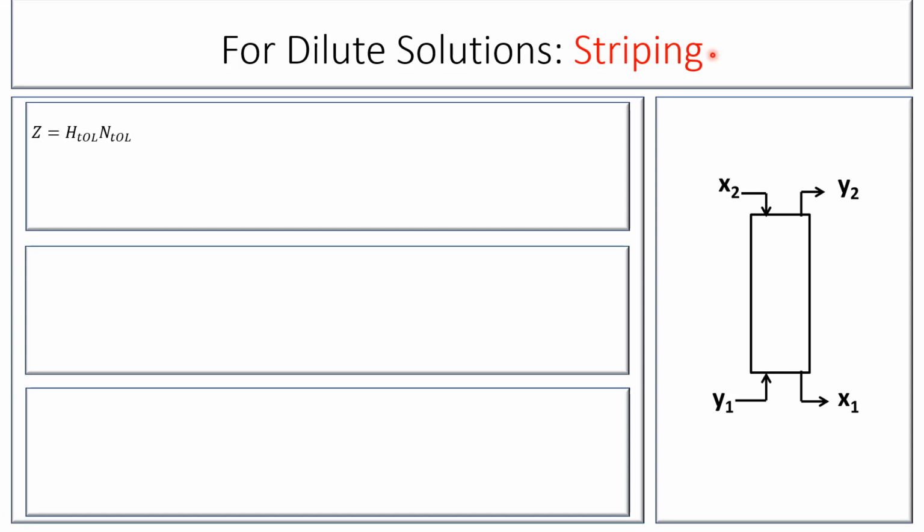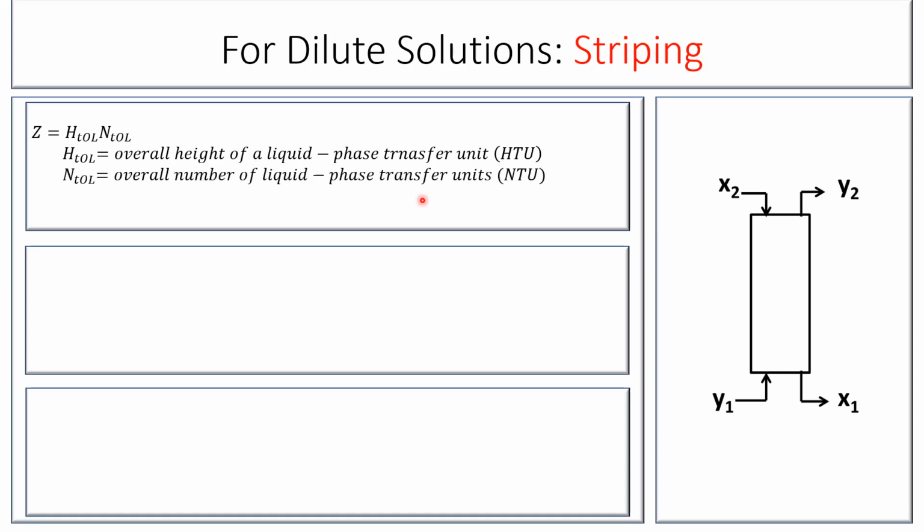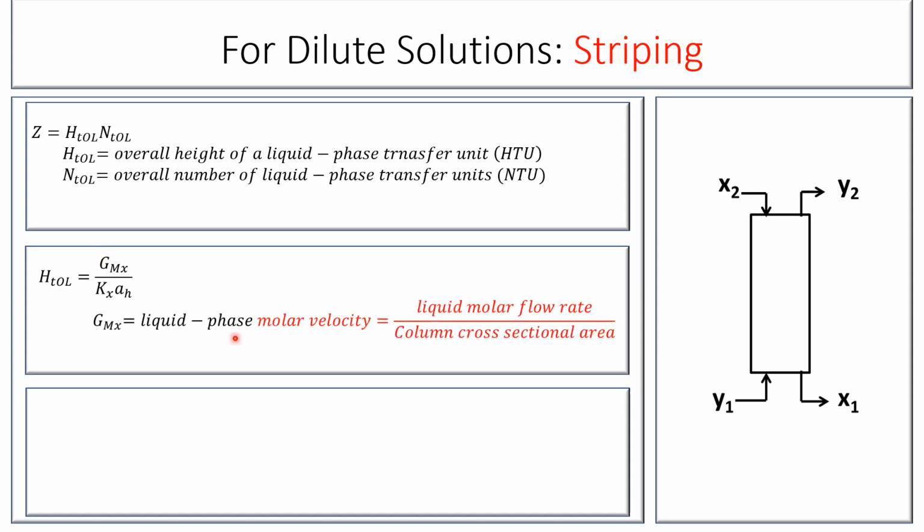So the total height will be the height of transfer units multiplied by the number of transfer units, but we call them the overall height of a liquid phase transfer unit and the number of liquid phase transfer units, because the resistance is there. The height of the liquid phase transfer unit will be the molar velocity of the liquid phase, so it's the liquid molar flow rate divided by the column cross-section area, over capital KXa, the overall liquid phase volumetric mass transfer coefficient.